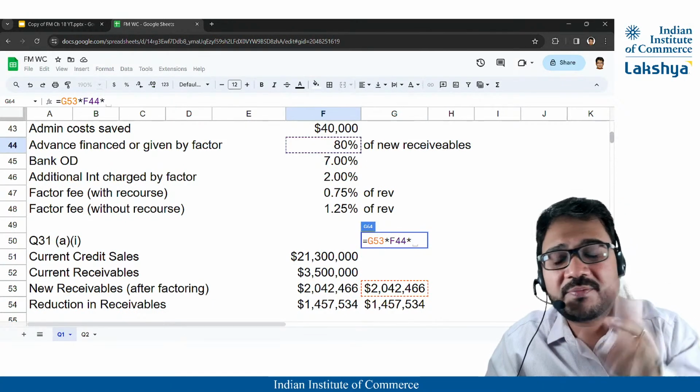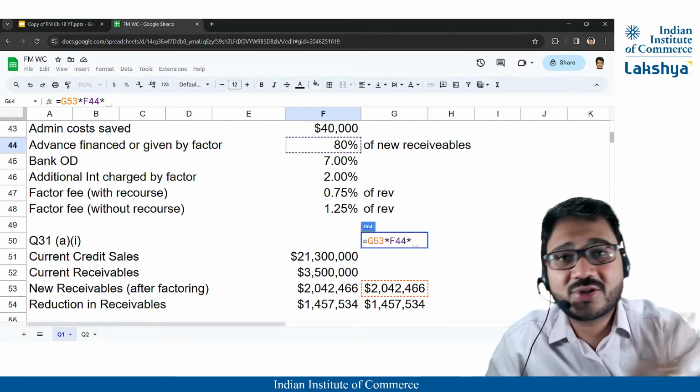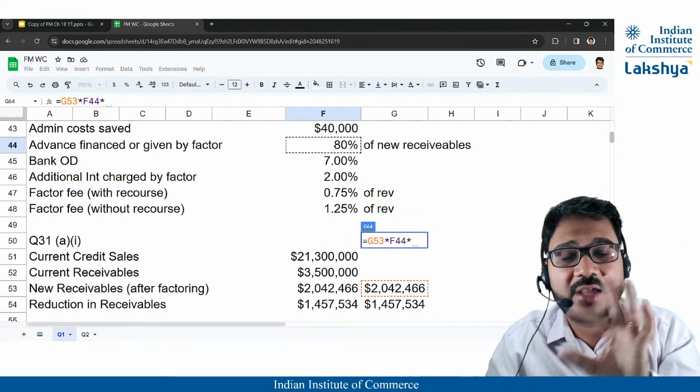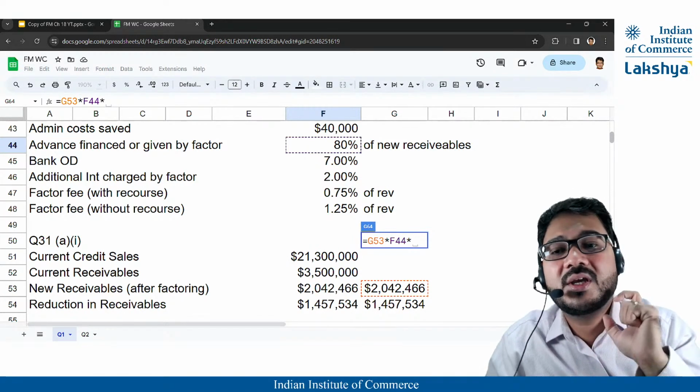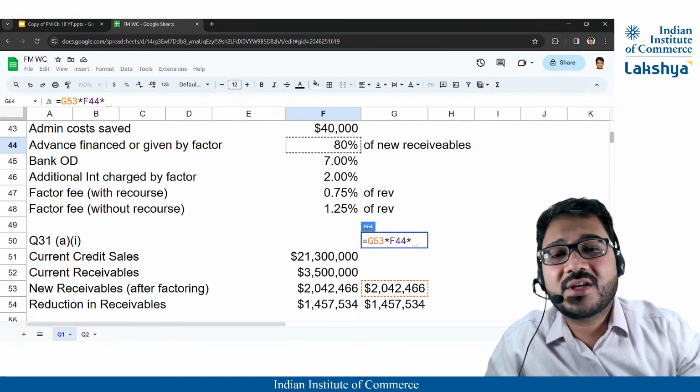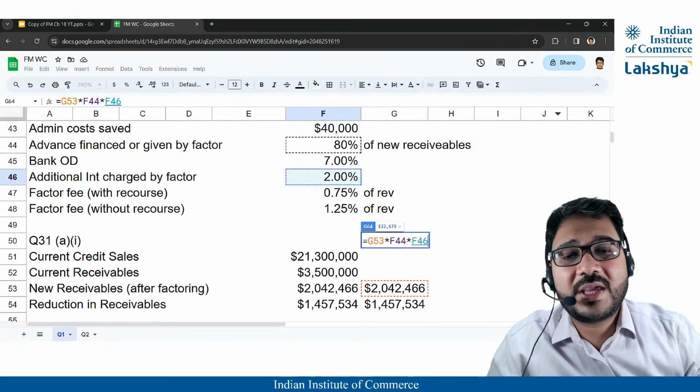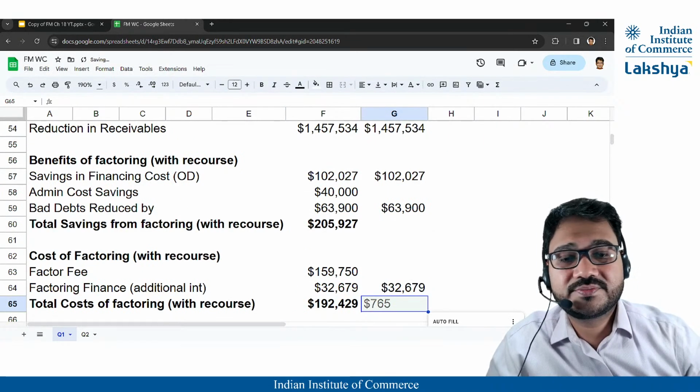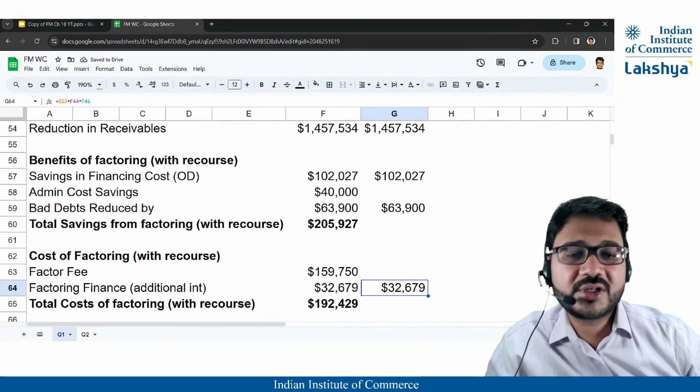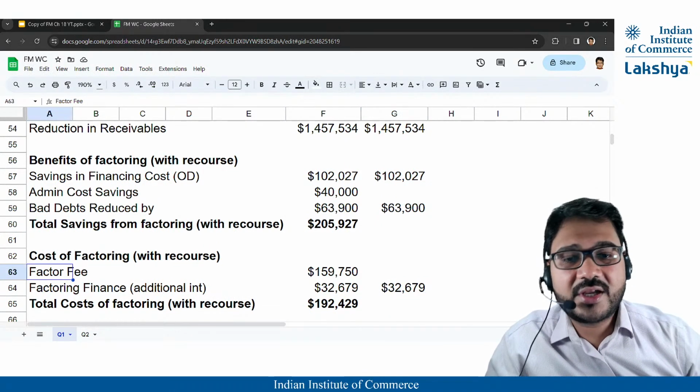I won't do 7 plus 2, 9%, that is total interest. I am just comparing. If I do factoring, how much extra do I have to pay? This 2%. So 32,679.